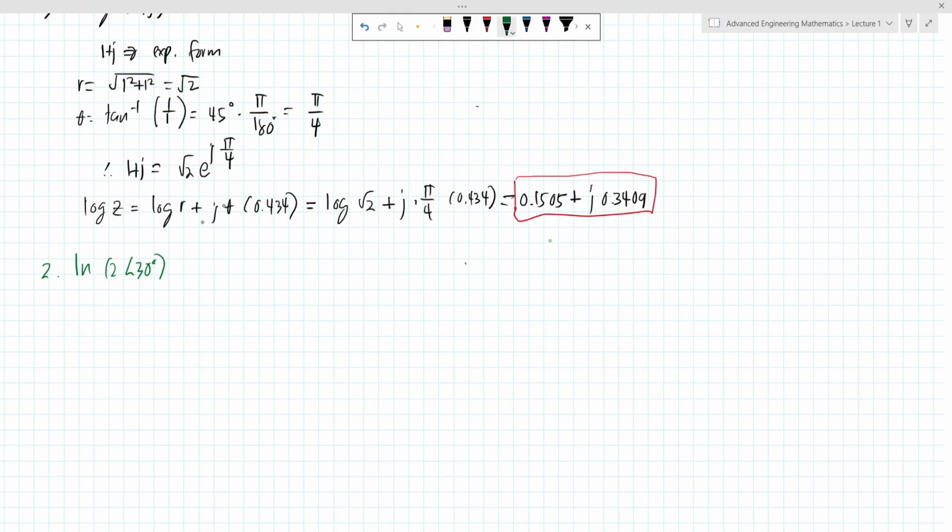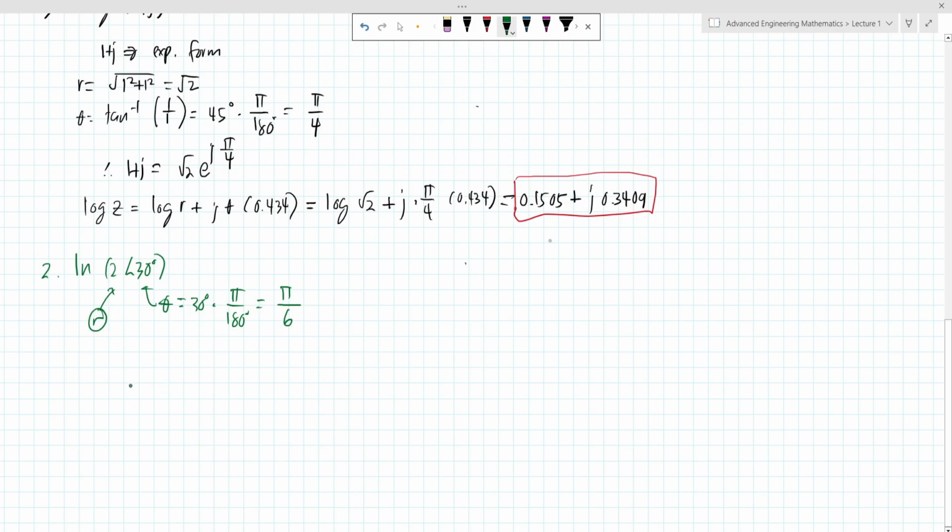So you just need to convert 30 degrees into radians. This is our theta: 30 degrees multiplied by pi over 180 degrees. 30 over 180 is 1 over 6, so that is pi over 6. And this is our r.